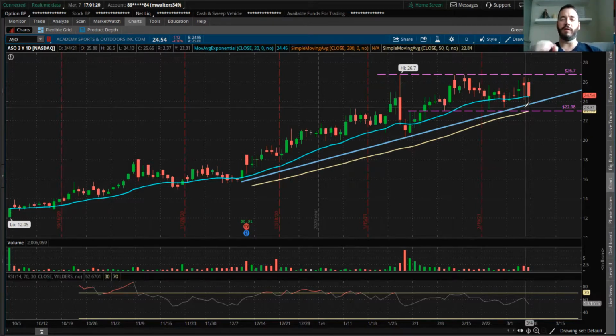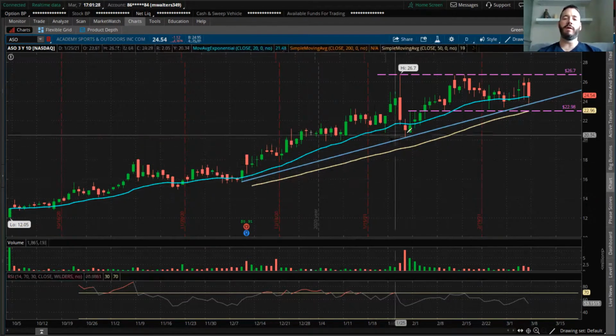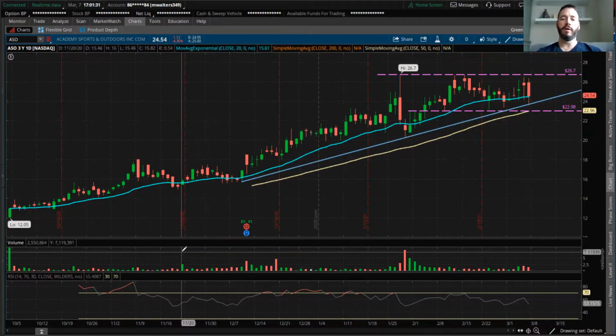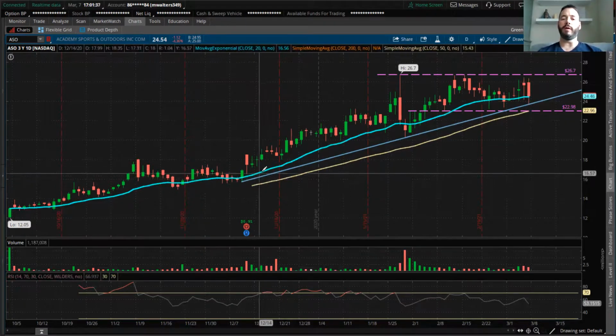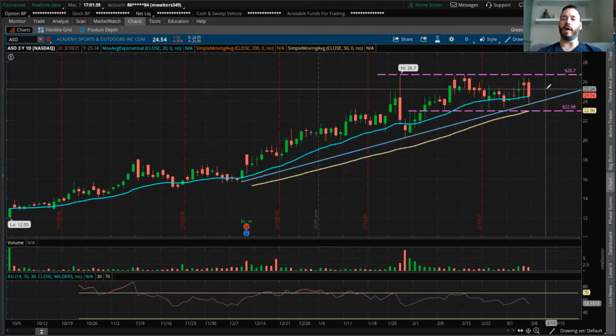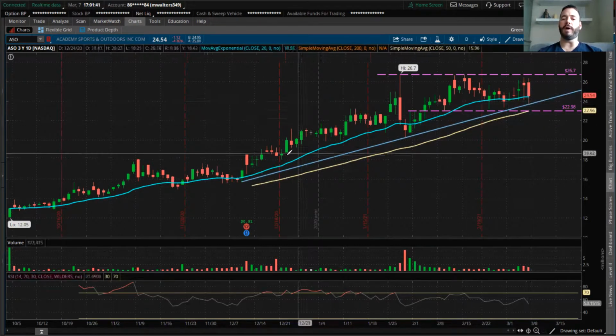When something hits this many times, and it's a good, solid company that is going to have good, solid earnings with a very clear upward, ascending trend, this is what it looks like before you get a flat top breakout.